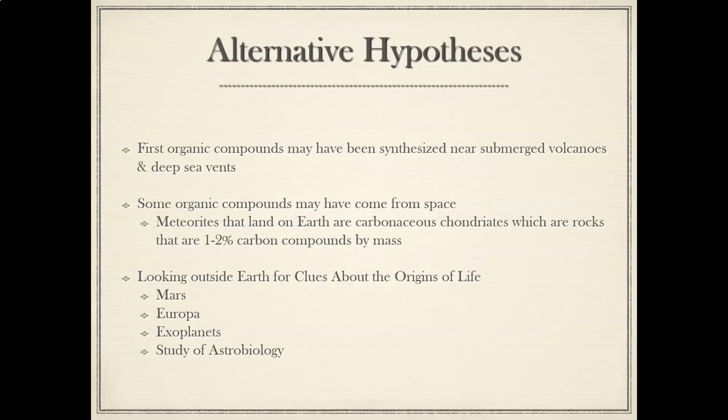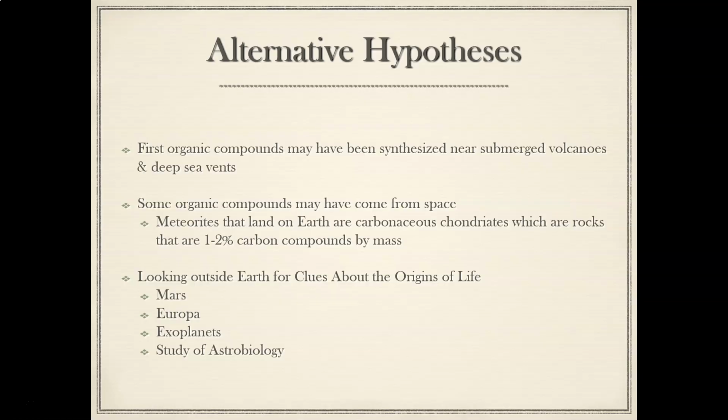But the idea is basically the same, that the compounds coming out of these volcanoes and vents had the elements necessary, along with energy, to rearrange and eventually happen onto the organic molecules that we know to be sustainable for life.